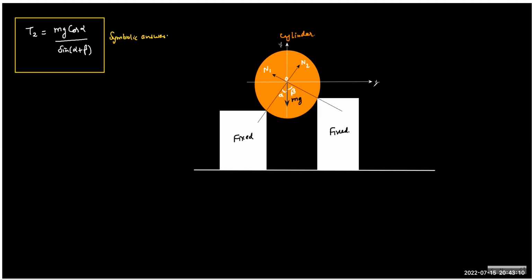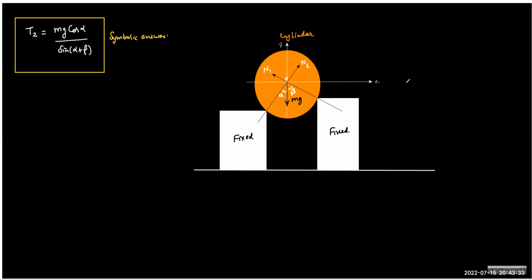And once you make such an assumption, you should be in a position to write the angles that these vectors make with the x and y axes. The next step is to resolve every vector into x and y components. Add all the x components together and equate to 0. Add all the y components together and equate to 0.